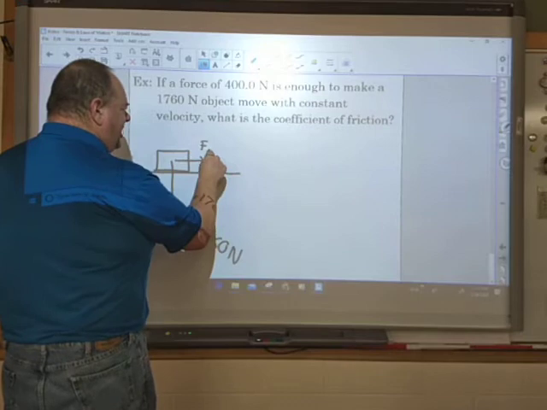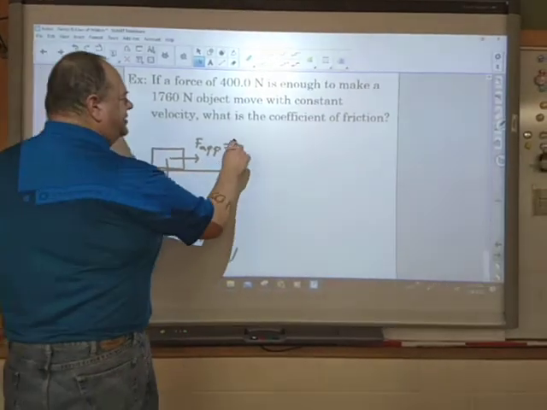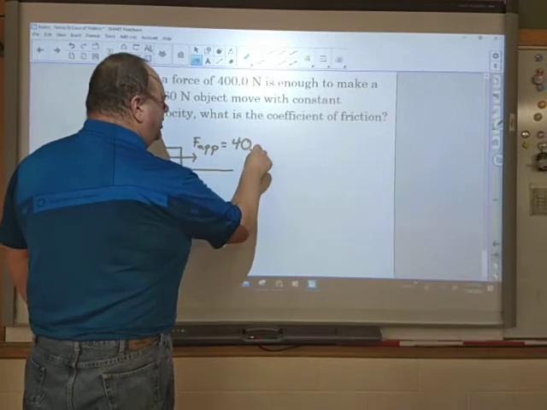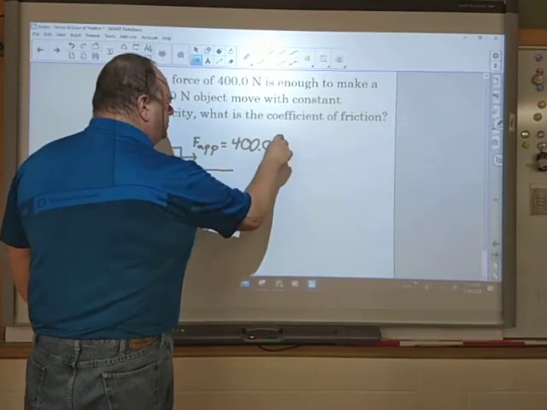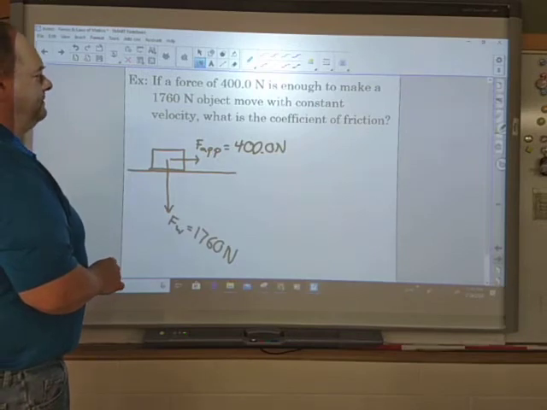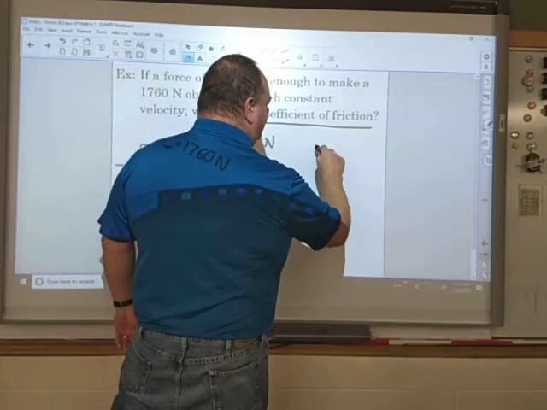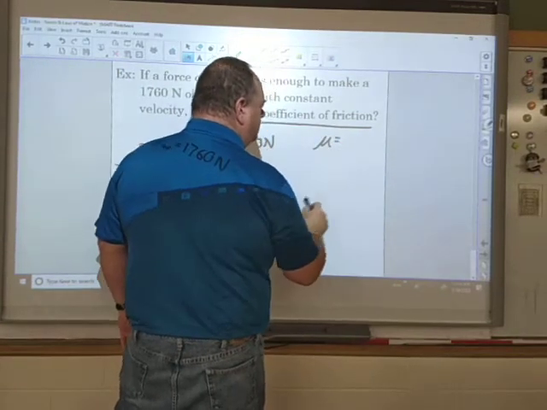I'm going to call this FAPP, for force applied, is 400.0 newtons. We're looking for the coefficient of friction, so we want mu equals.